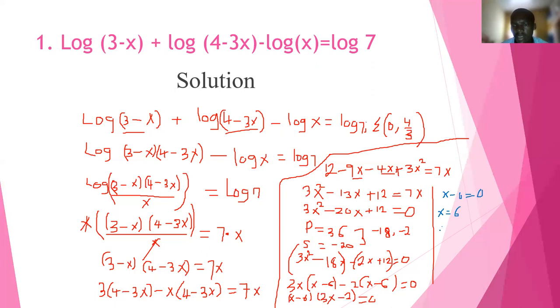Another one, 3x minus 2 is equals to 0. Therefore, this one goes the other side. We'll have x is equals to 2/3.